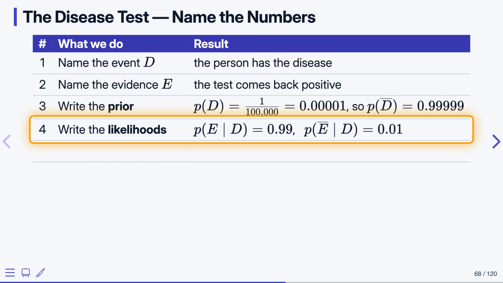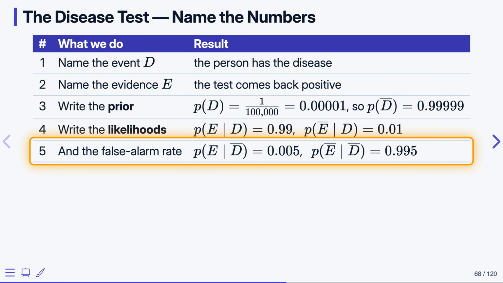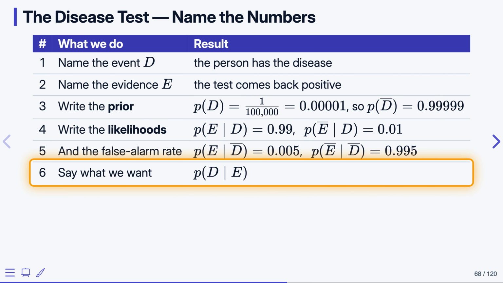If you have the disease, the test is positive 99% of the time, so P of E given D is 0.99. The other 1% is a missed case. Step 5. If you do not have the disease, the test is negative 99.5% of the time, so a false alarm has probability 0.005.